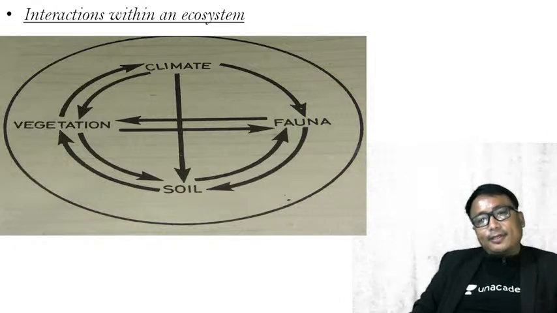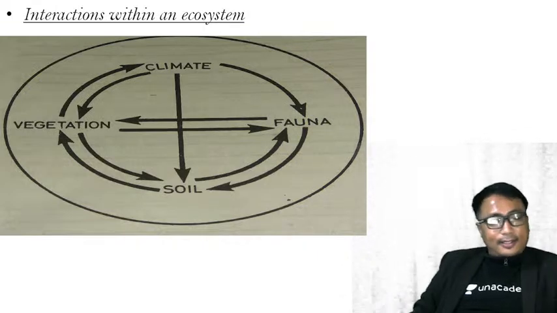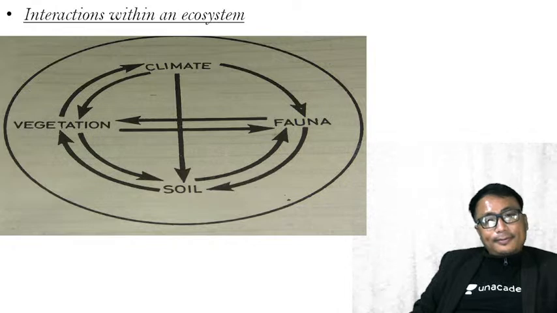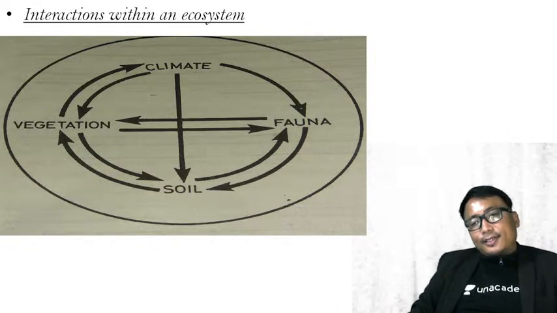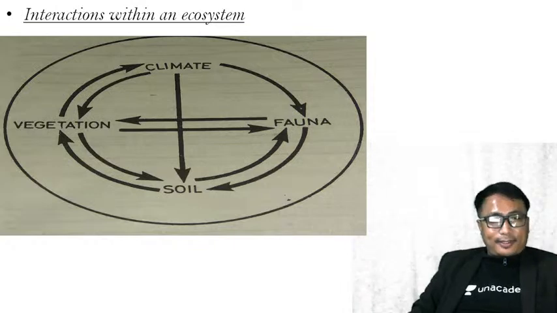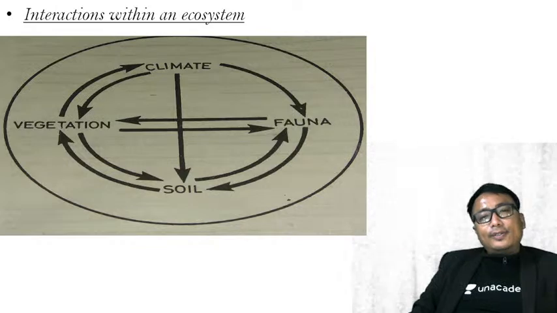What are the two lines? From soil, an arrow towards the climate, that is missing. From fauna, that is the animal kingdom, an arrow mark towards the climate. Only these two lines are missing. All the other lines are present.